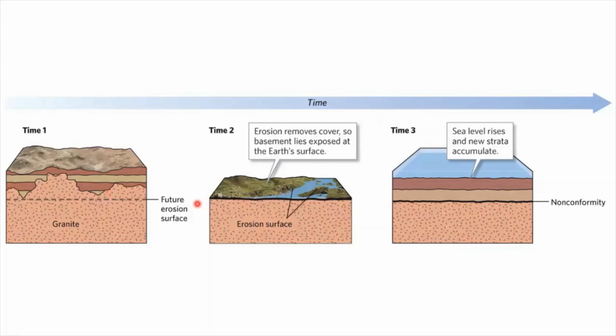So when we see, for example, granite at the Earth's surface, we know that there is a gap in the geologic record because that doesn't make sense geologically. And so what we have here is with time, there's erosion that removes all of those overlying layers. And then with time, we get more deposition of sedimentary layers on top of that.